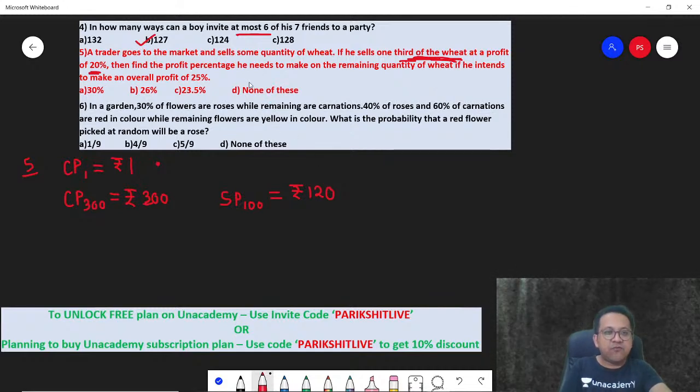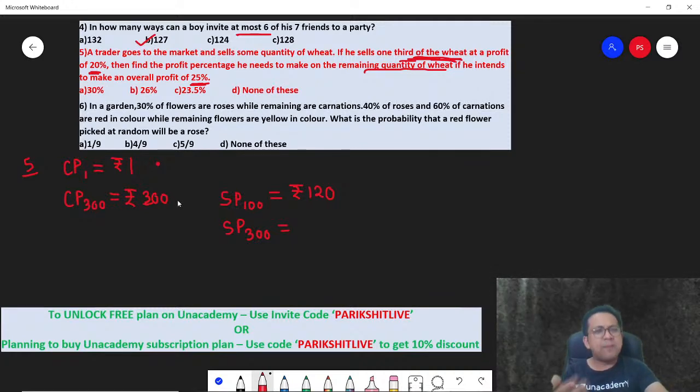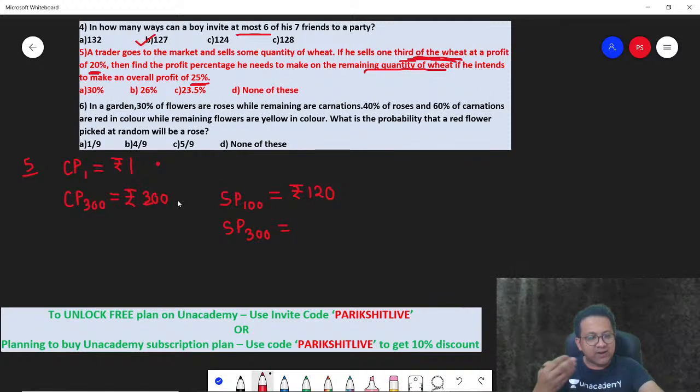Then they are saying find the profit percentage he needs to make on the remaining quantity of wheat if he intends to make overall 25%. So overall 25% means the selling price of 300 grams should be how much? How much is 25% of 300? 75.